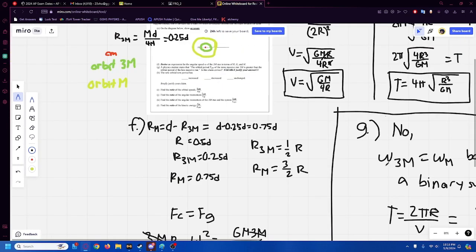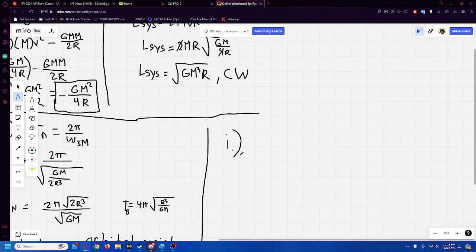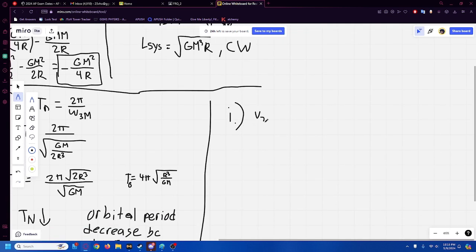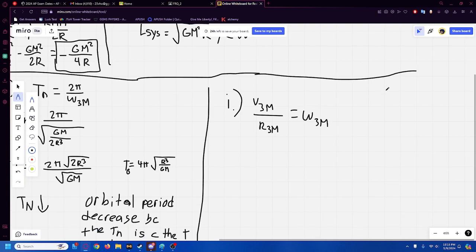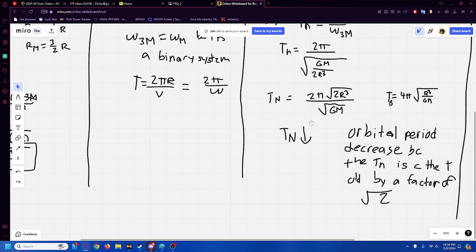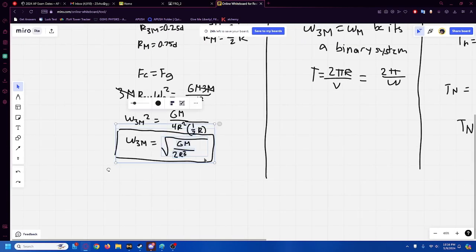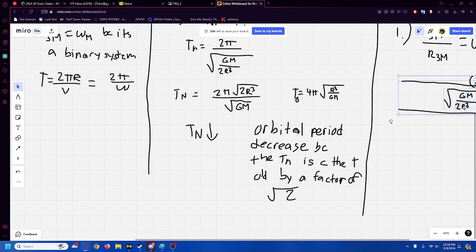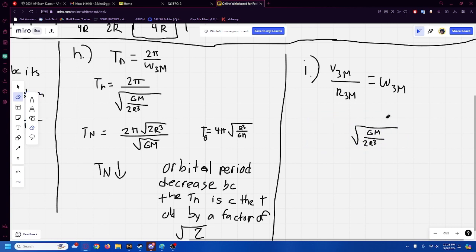I'm asked to compare V_3m and V_m. So V_3m over R_3m is equal to ω_3m.